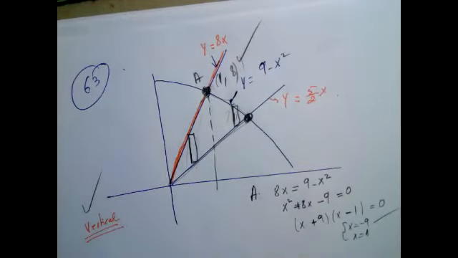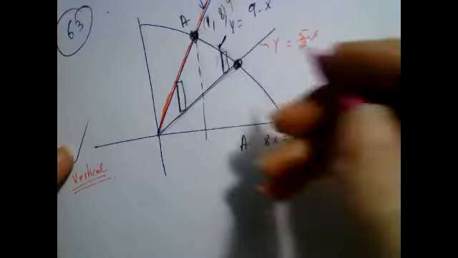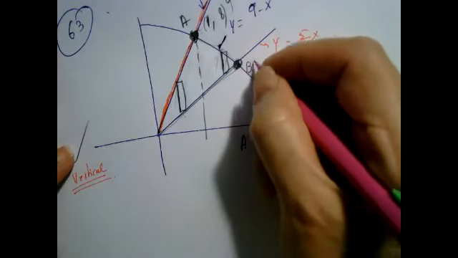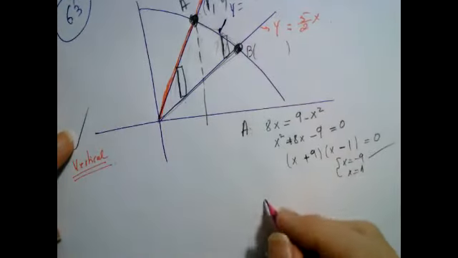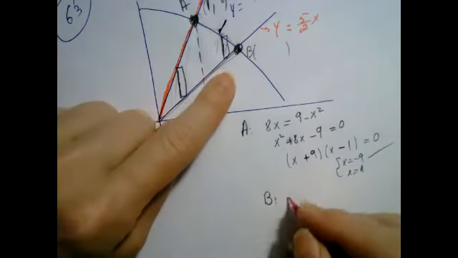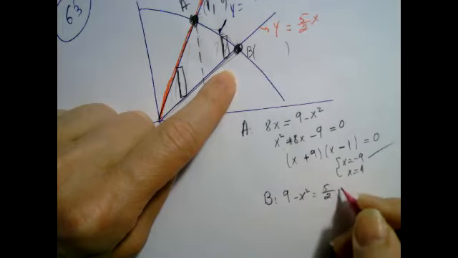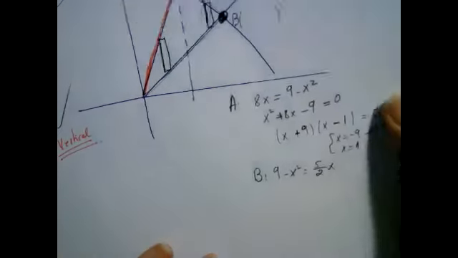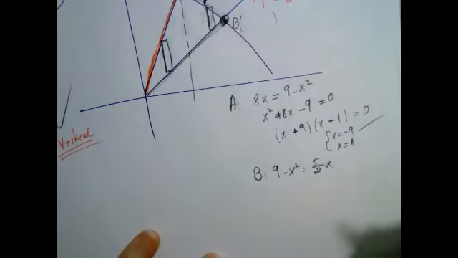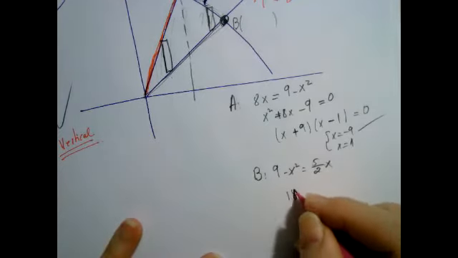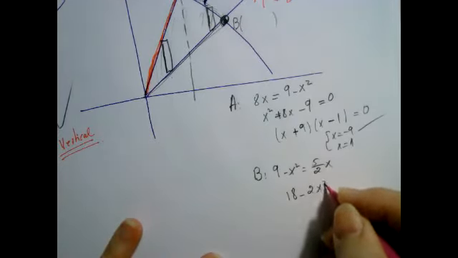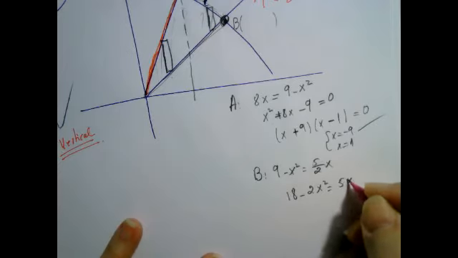Okay, so that's my first intersection point. Now I need my other intersection point. I'm going to call it B, so I know what we're talking about here. For B, I need 9 minus x squared equal 5 over 2 x. I multiply by 2 because I don't want to be working with 2. I will get 18 minus 2x squared equal 5x.